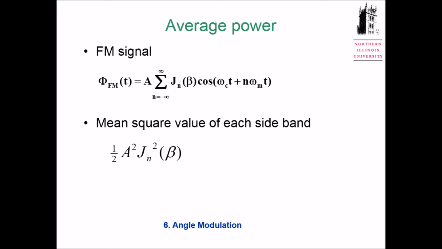We have half A square from here, Jn beta square from here, and the half actually from the cosine. So this is the mean square value for each sideband. When you calculate this, you need to choose which band and find what beta you use in this signal. We are going to show some examples.